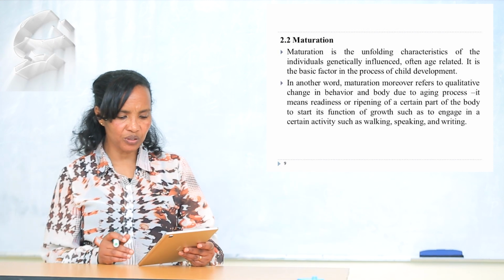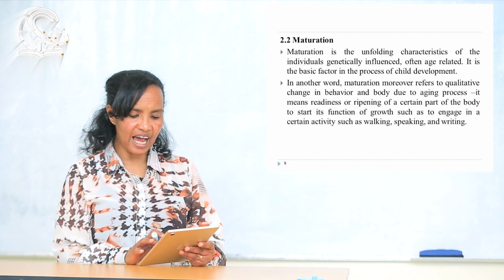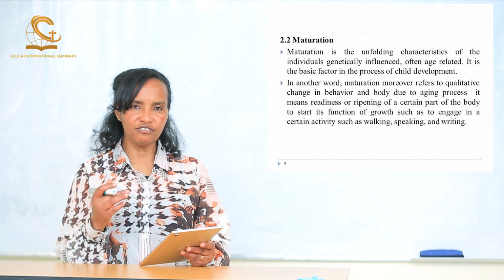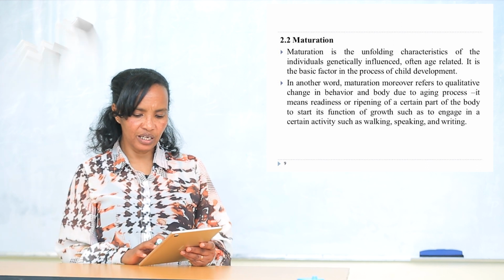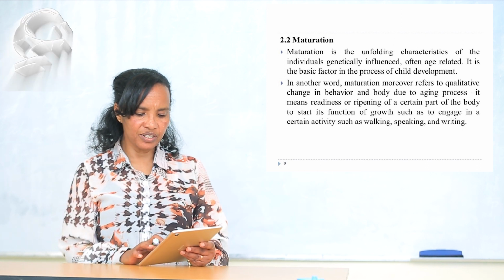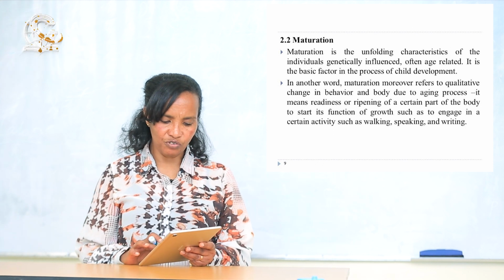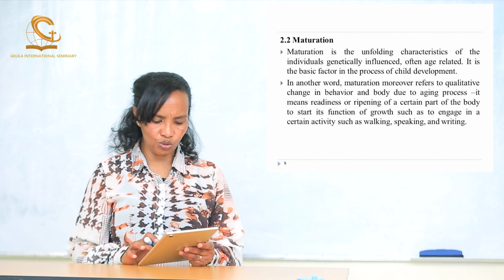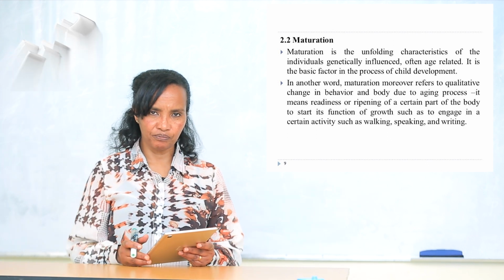When we come to maturation, maturation is the unfolding of characteristics of the individual that are genetically influenced. Often, age is a basic factor in the process of child development. In other words, maturation refers to qualitative changes.